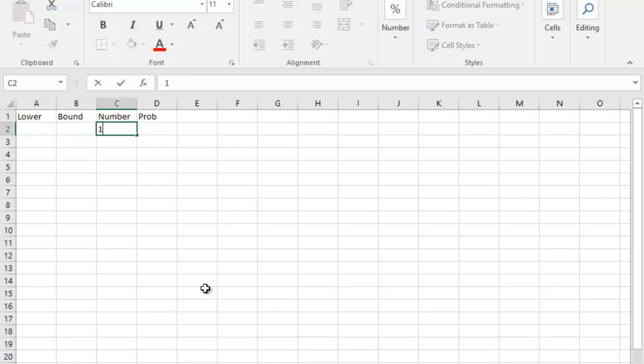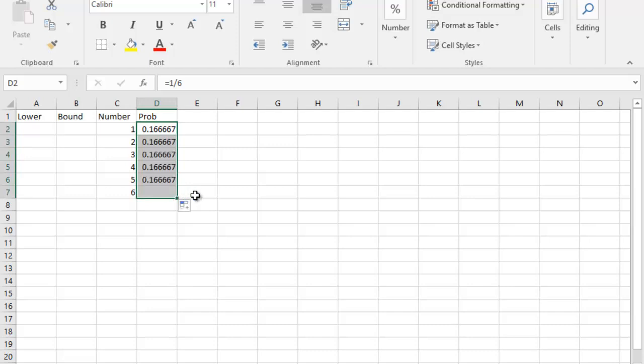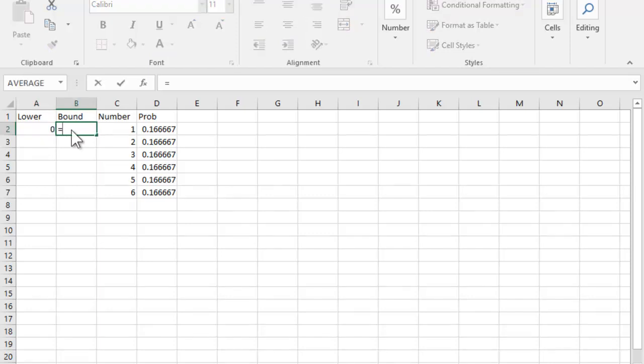And this time the numbers can be 1 through 6, and the probabilities are actually all equal because this is a fair die. They're all equal to 1/6. So I will take that and drag down. Now let's build our boundaries. We always start at 0 for the lower boundary of the first class, and then the upper boundary of a class is the lower boundary plus the additional probability.